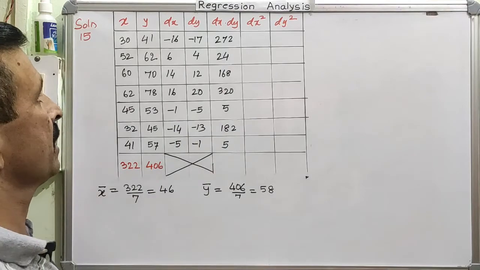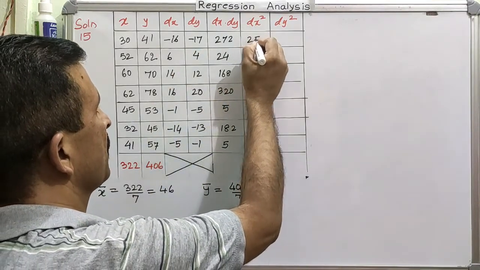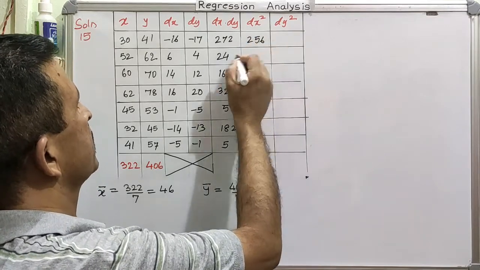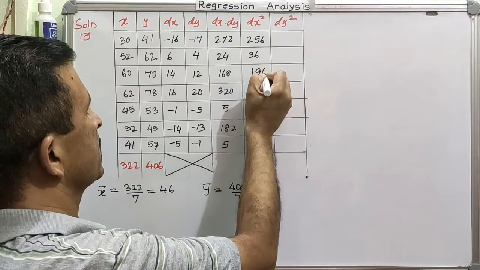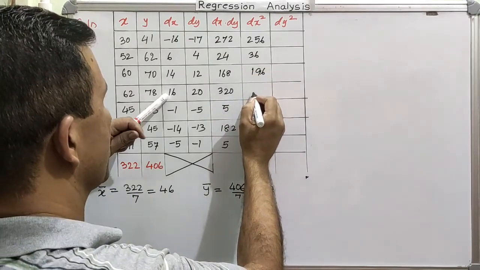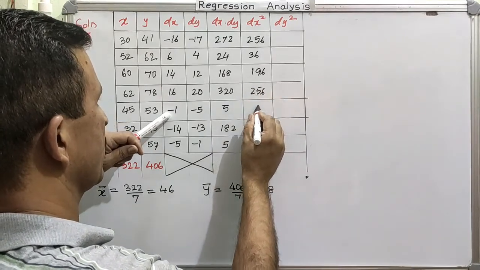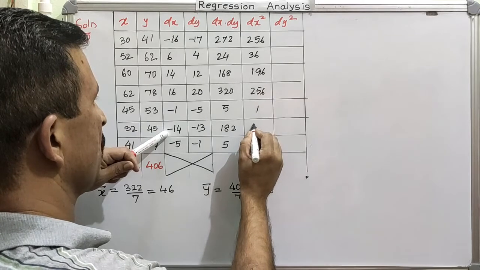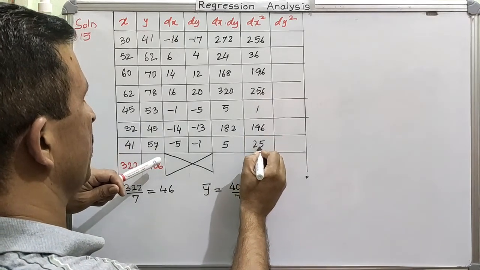Now we can have the square. So 16 square is 256. Then 6 square is 36. 14 square is 196. 16 square is 256. Minus 1 square is 1. 14 square is 196, and 5 square is 25.